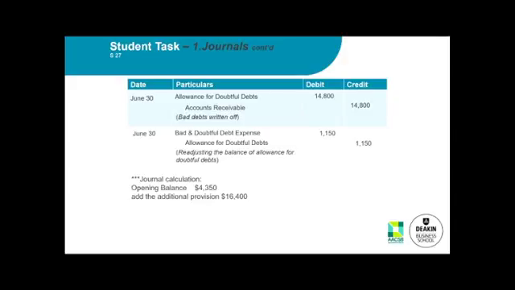We then created an additional provision of 16,400. So that gives us roughly 20,000. We take away the amount that was uncollectible that we've written off. All right, so we're down to about 5,000 now. And that's our current balance, all right?